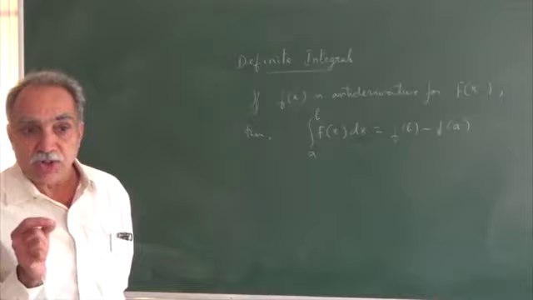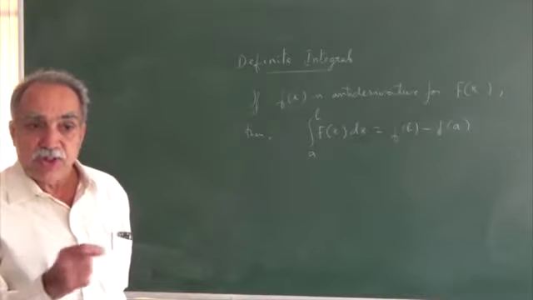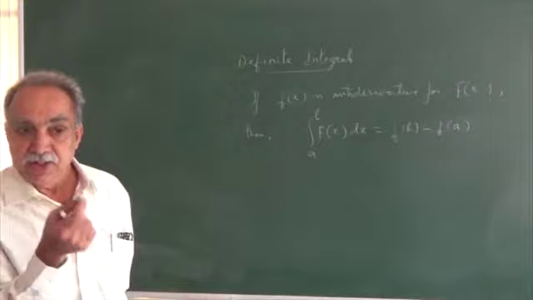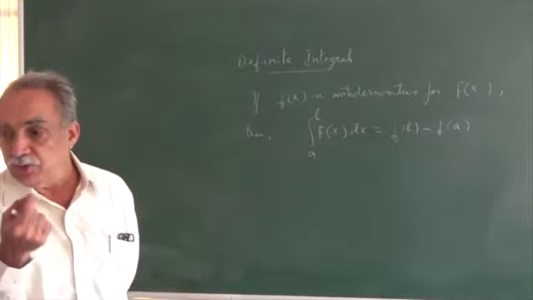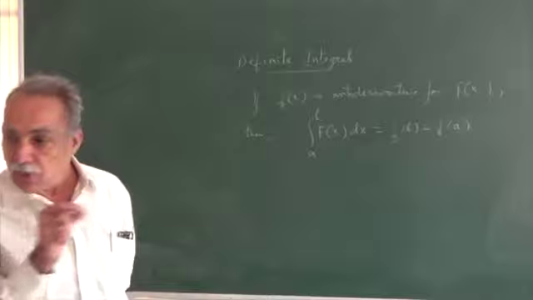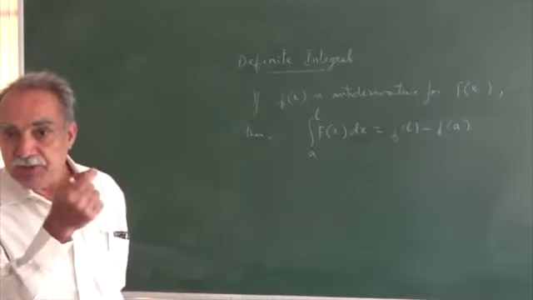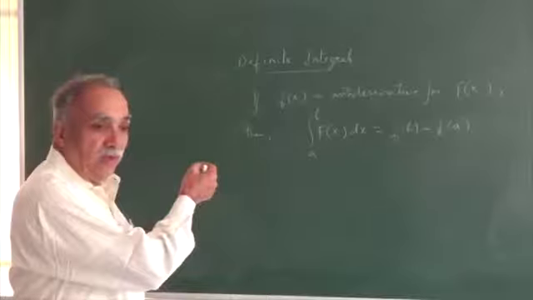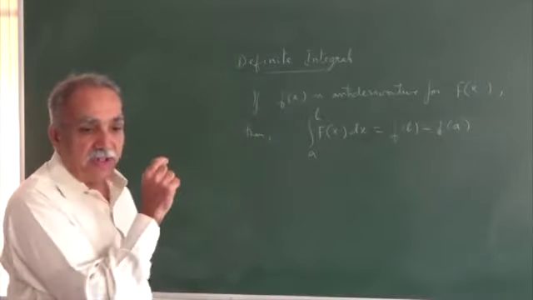In between you must not change the antiderivative. Once you use some antiderivative for applying the value b, the same antiderivative will have to be used to apply the value a also. The difference found in the same form, upper limit value minus value at lower limit, will be defined to be the value of this definite integral.